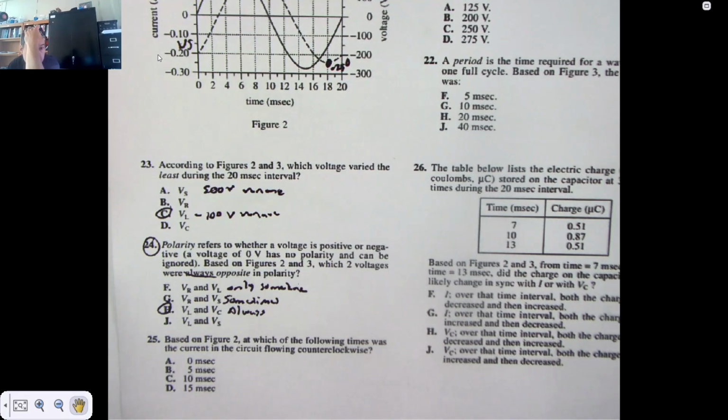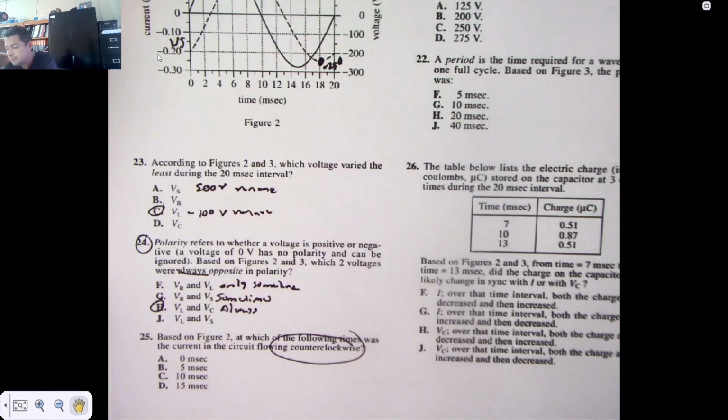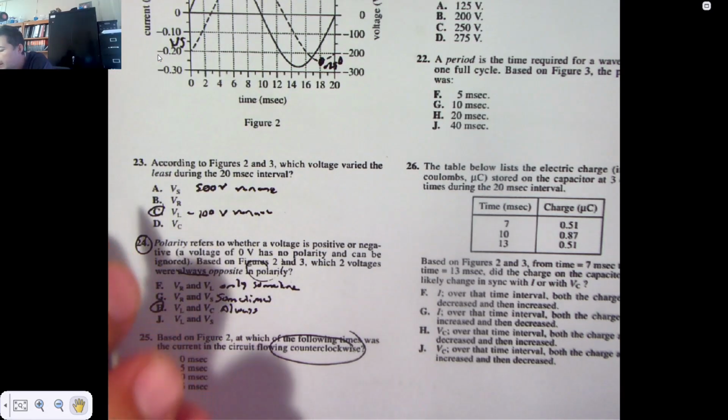Based on figure 2, which of the following times was the current in the circuit flowing counterclockwise? Oh, so here's another one. I mentioned that here because I mentioned polarity. Did they actually define polarity?